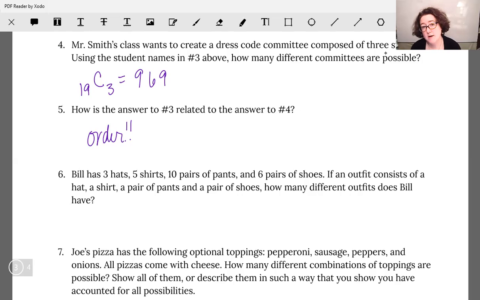So he has to pick a hat. How many choices? He's got 3. He's got to pick a shirt. 5 choices. He has to pick a pair of pants. 10 choices. And he has to pick a pair of shoes. So that's 6 choices. Multiply them together. That's how many different outfits. So we could make 900 outfits on this one.